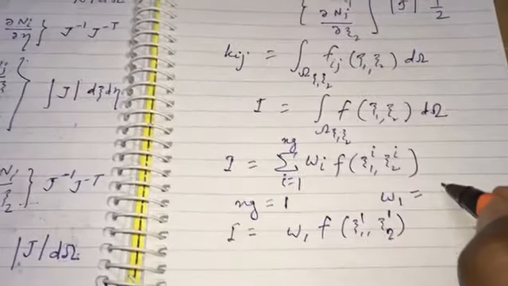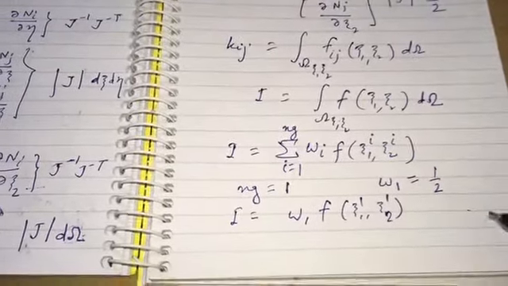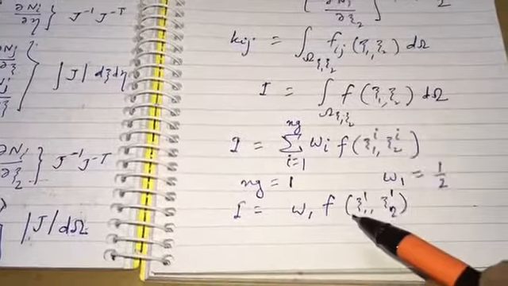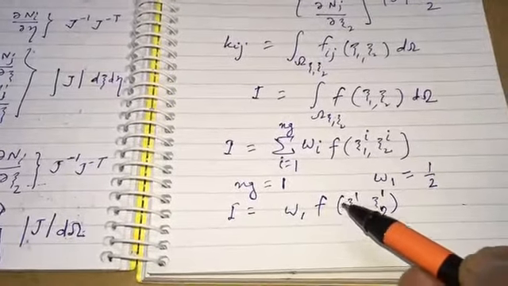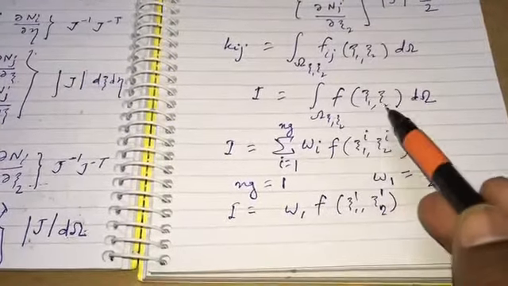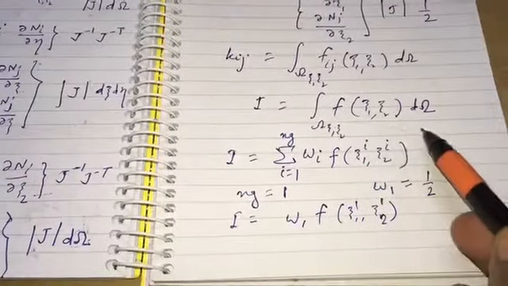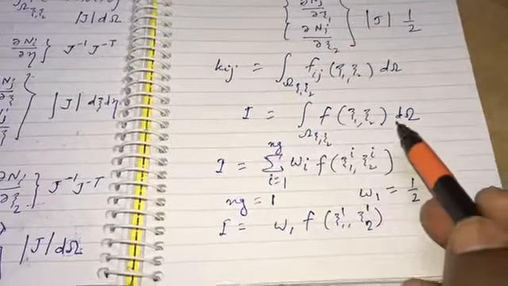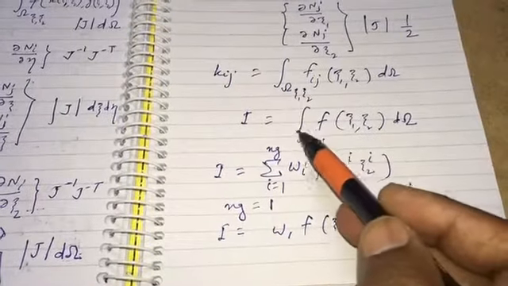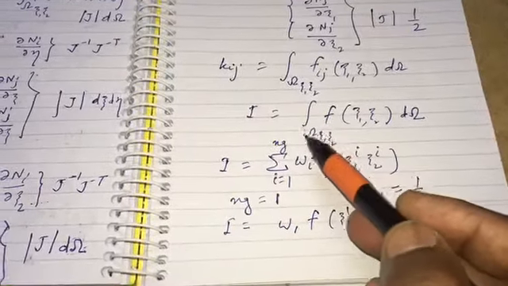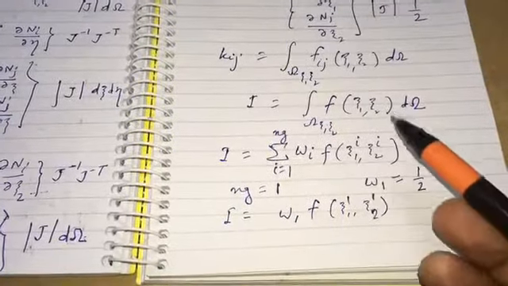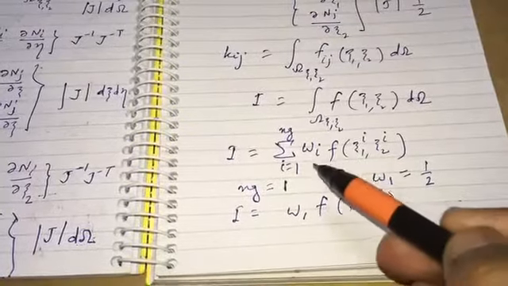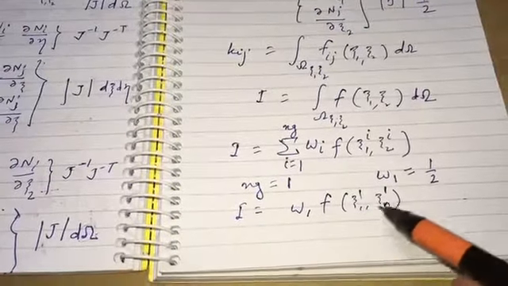Why? If you have f equal to 1, then I has to be equal to the area only. So I equal to the integral of dΩ computed over the whole domain, which is just the area. In that case w1 equals half.